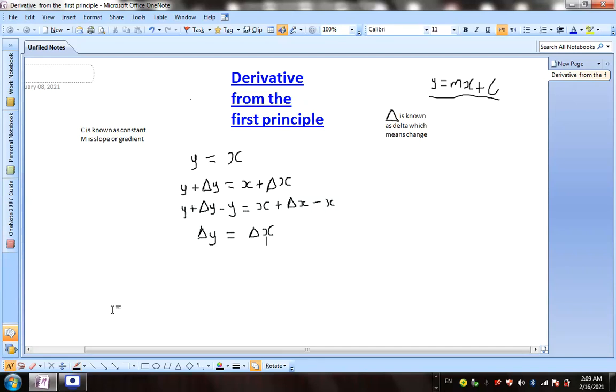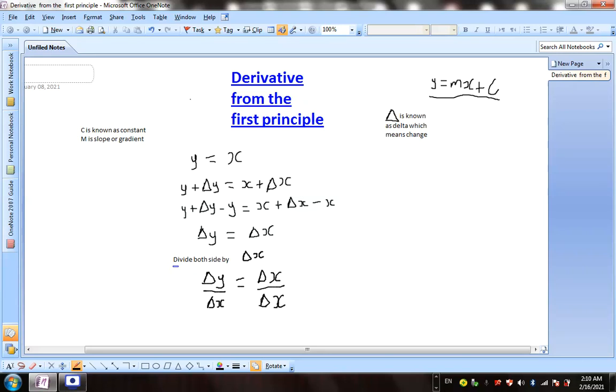Now, divide both sides by dx. So here you have dy over dx, which is equal to dx all over dx.